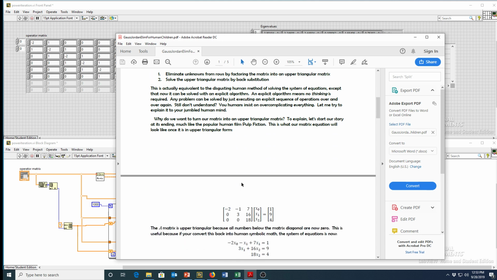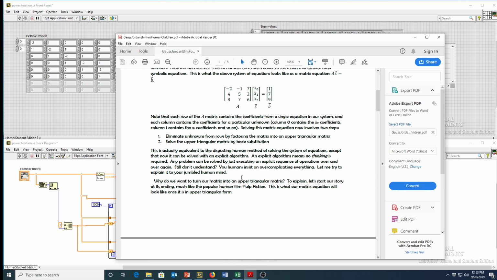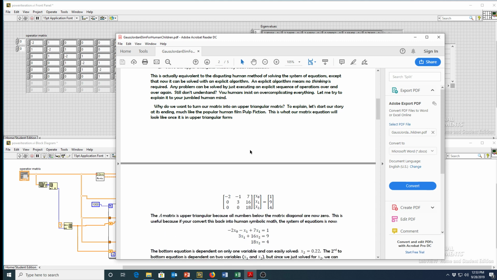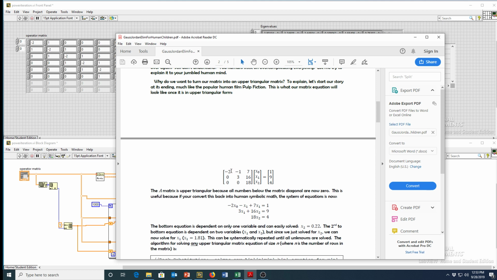And the way that you need to organize your matrix in order to solve the equations is you need to get it into upper triangular form, which is like this, where you only have numbers on the diagonal and above, and everything below the diagonal is 0. Why is this the desired form?